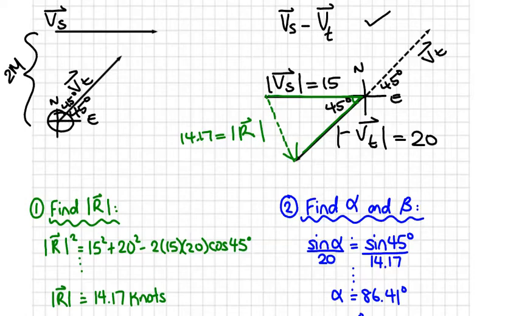So if we were to do the direction, we would want to do it from this perspective because that's where the ship is starting. Okay, so there's a couple things: north, east, south, and west.